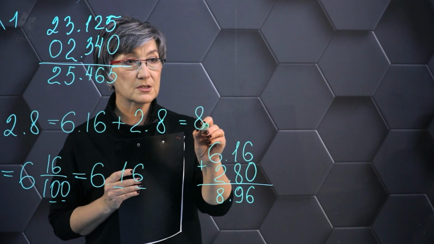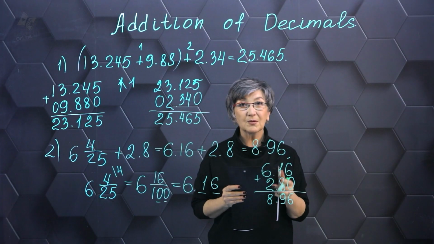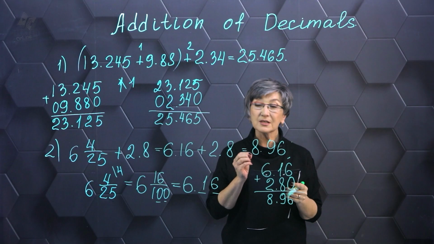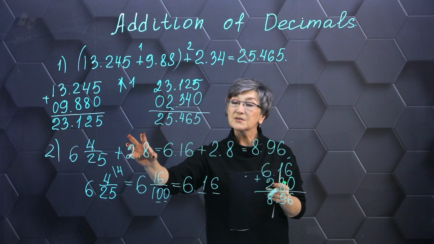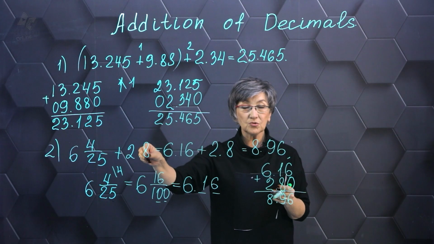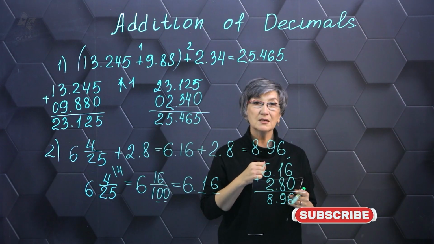So we have an answer of 8.96 hundredths. So using the rule of decimal addition, we didn't convert the mixed number to the common denominator, but to the decimal notation of the number.